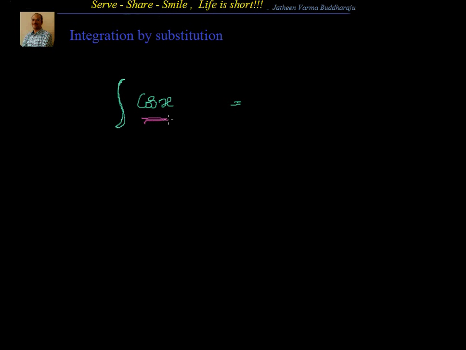So I have to find a function for which the derivative is equal to cos x. D by dx of what is equal to cos x? If I am able to find that question mark, it is my integral. This is what we did in the last session.